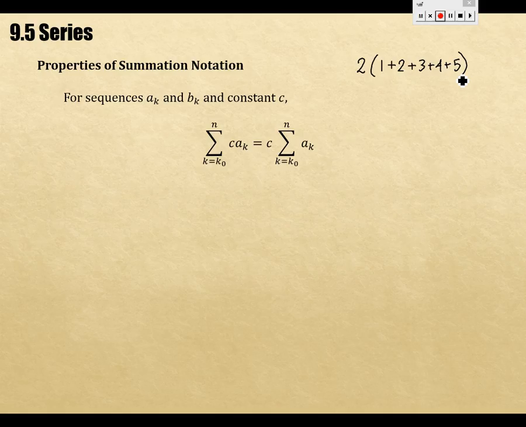Do you see how that's still the same thing on part A of the last one? That might have quickened your work if you had noticed that you could do that, since you're doing 2 times 1 plus 2 times 2 plus 2 times 3. This just says, yes, in fact, you do have permission to factor something out of the sum. If that makes your life easy, do it.